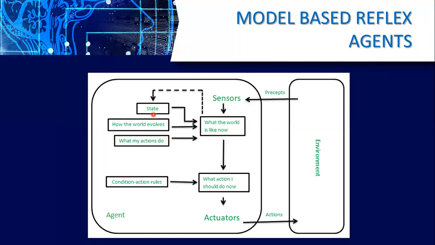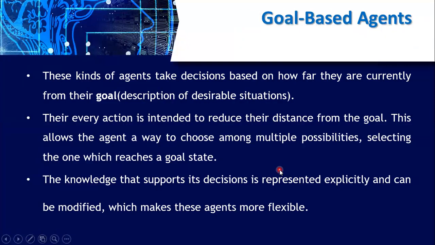So for each state, what are the possible sets of inputs and outputs? This is considered the model. Based upon the sensed data, it checks the model and then does the actions through the actuators.